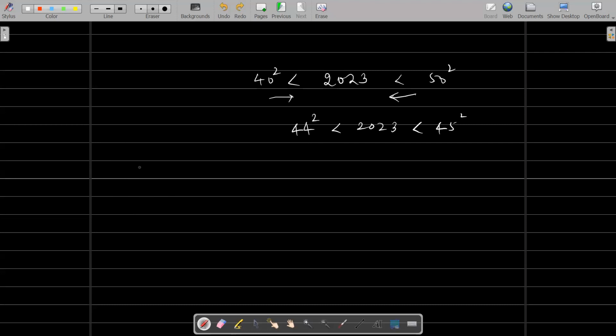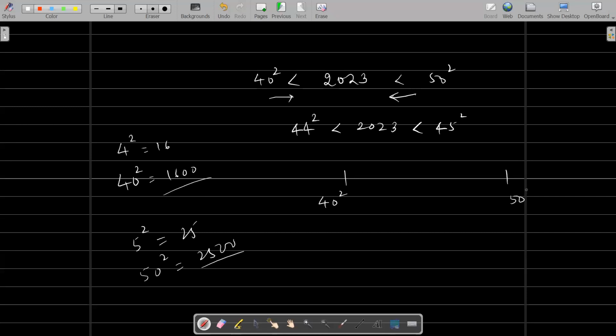Yeah. So 4 square, I know, is 16. Right. So 40 square will be 1600 and 5 square is 25, so 50 square is 2500. So surely my number lies between these two. So I surely know that it's between 40 and 50 squares, right? Yes. And then step by step you go on increasing your limit.